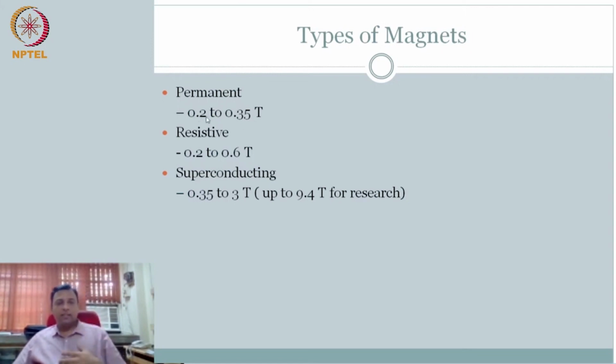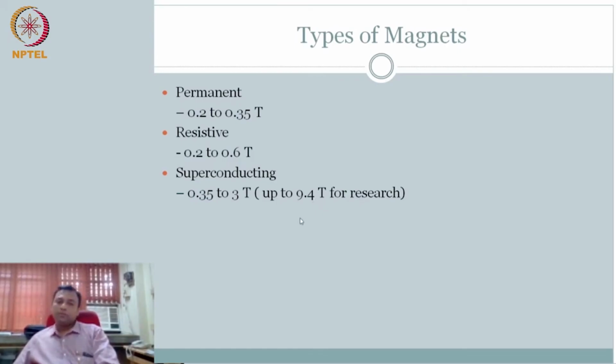But you see the strength, we don't know much at this point of time, but we know it is right now in fractions of Tesla. Whether that is good or not, we will see. Then there is resistive, where again the magnetic field strength that you see is also a fraction. And then there are superconducting, which you see is from fractions to 3 Tesla, and in some cases in research there are 9.4 Tesla.